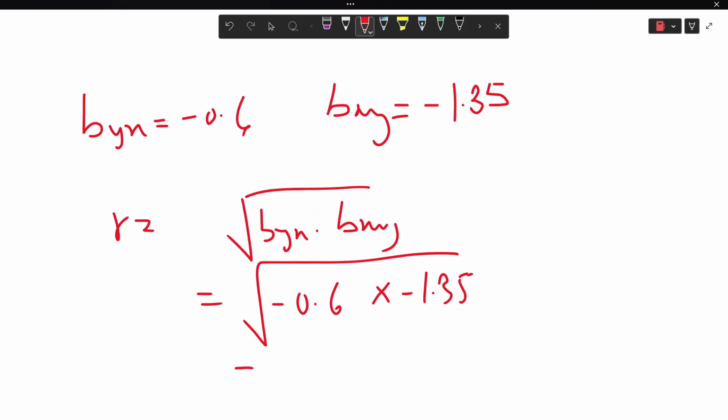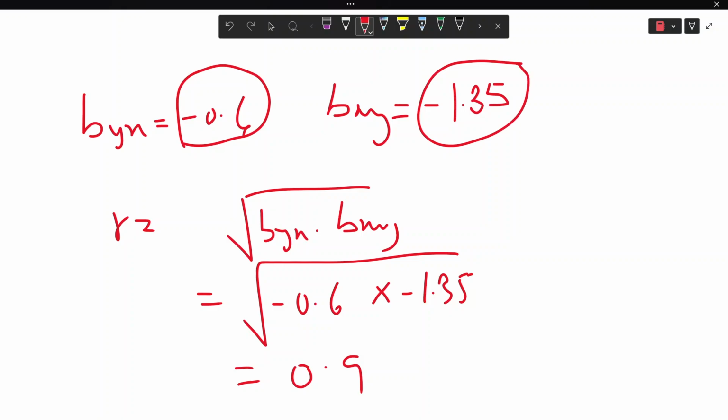We are getting 0.9. Under normal circumstances, because you entered all the negatives on your calculator, we are getting 0.9. But bear in mind that the signs here are negative. At the end, r should be equal to negative 0.9.